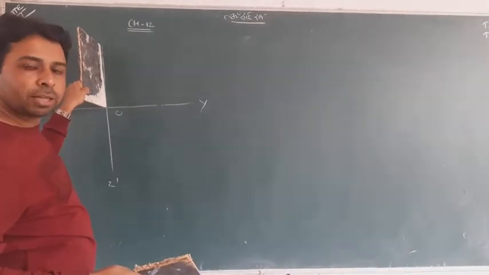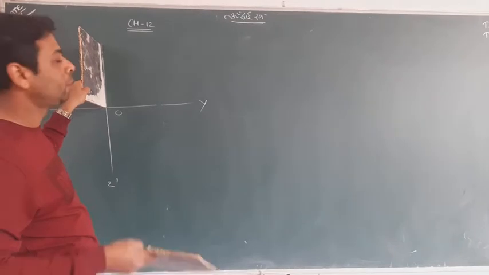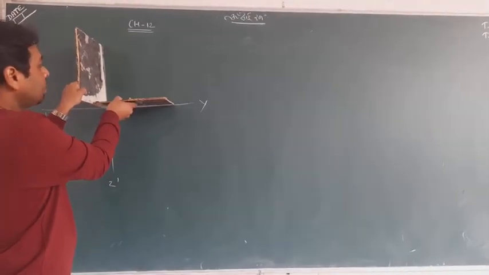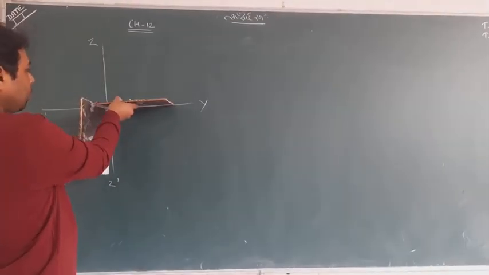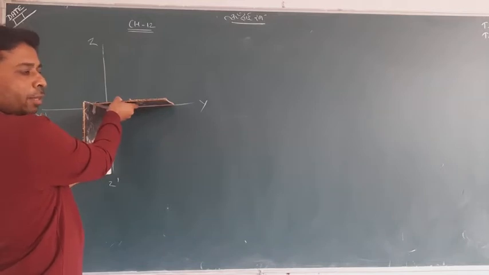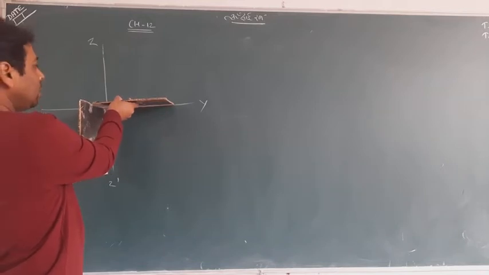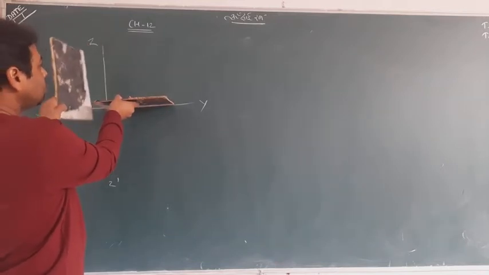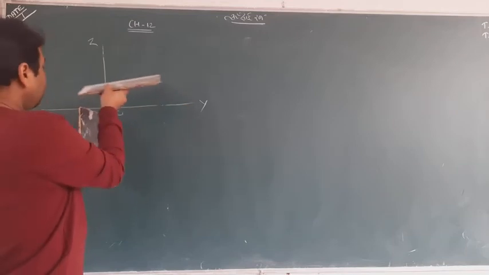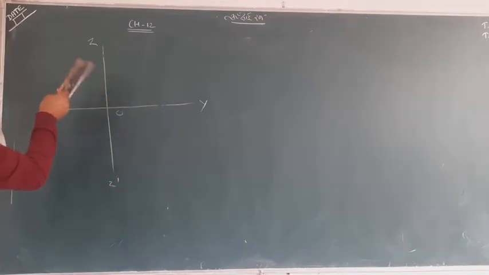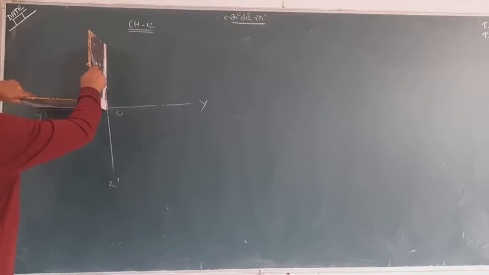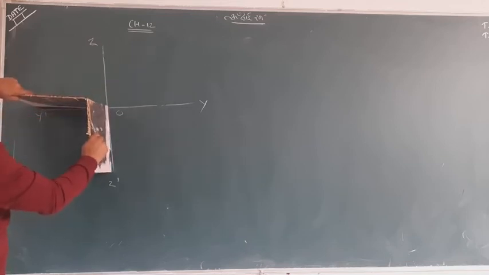And similarly, lots of cabins can be formed here. This is my first cabin, and suppose I put here, this is my second cabin. And right here, or right here, no matter, this is my third cabin, and this is my fourth cabin.